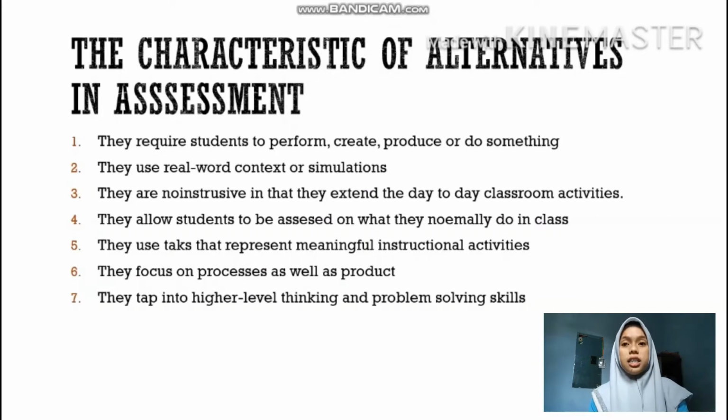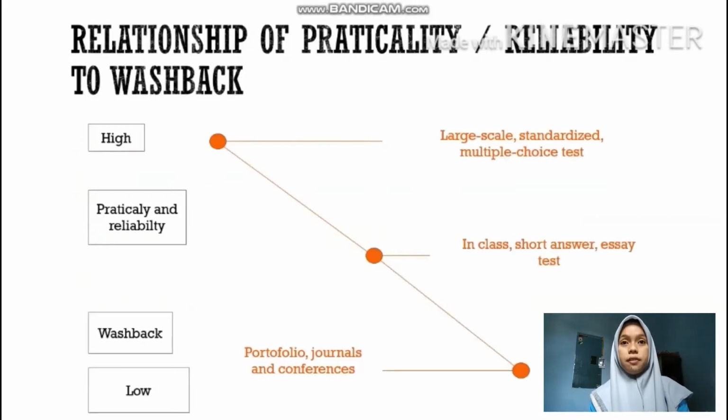The next slide is the dilemma of maximizing both practicality and respect. The principal purpose in this chapter is to examine some of the alternatives in assessment that are markedly different from formal tests.